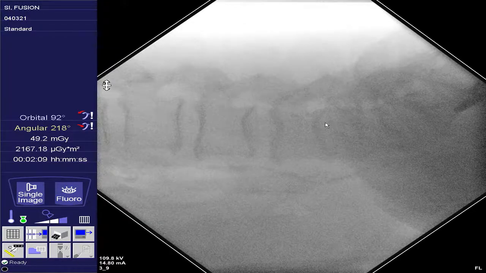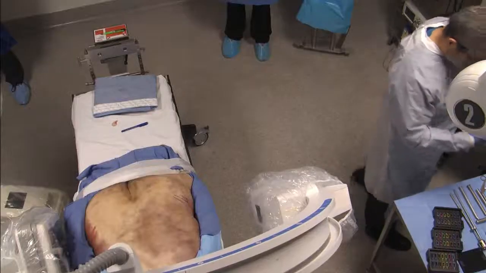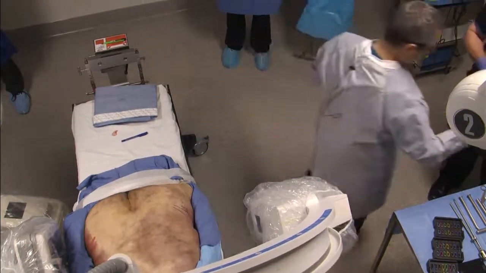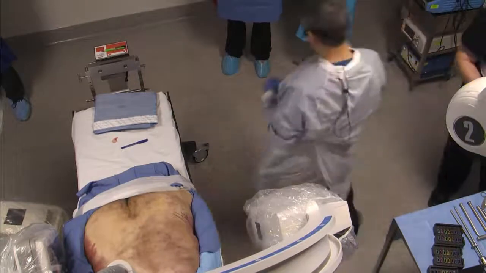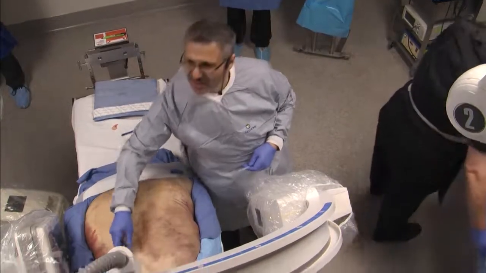Okay, I think that will work. What do you think, Ken? I think that will work. Spinal needle? Yeah, it'll be on this side. And do you have a spinal? Okay. X-ray.